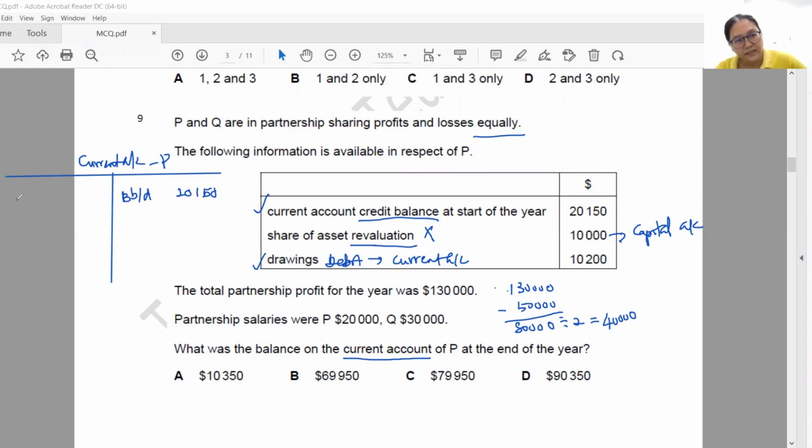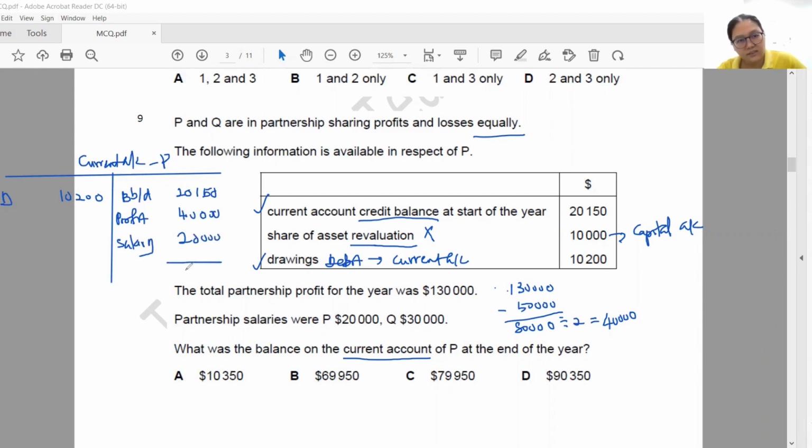Drawings on the debit side. Share of the profit, 40,000, and salary, 20,000.